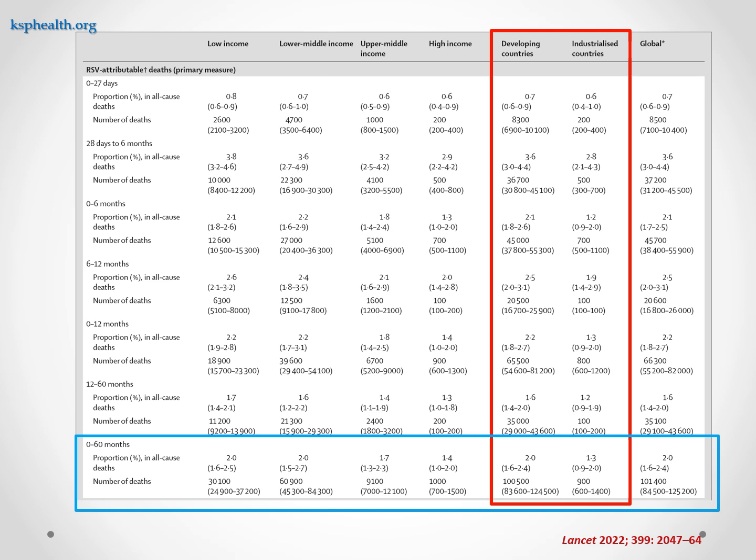If you look at RSV related mortality, you can see 900 deaths in industrialized countries altogether, but in developing countries 100,000. There is a 100 times, is that right? Yeah, 100 times higher incidence of mortality, while the incidence is only 20 times that of industrialized nations.